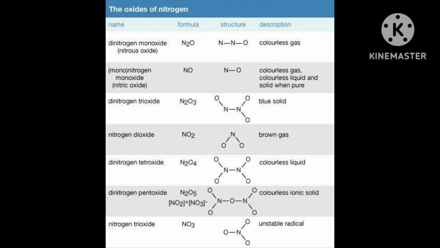2NO plus N2O4, on heating around 250 Kelvin, you will get 2N2O3.